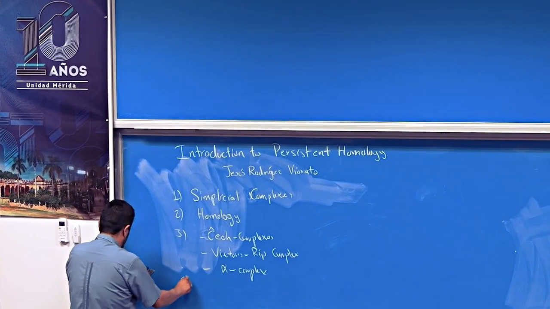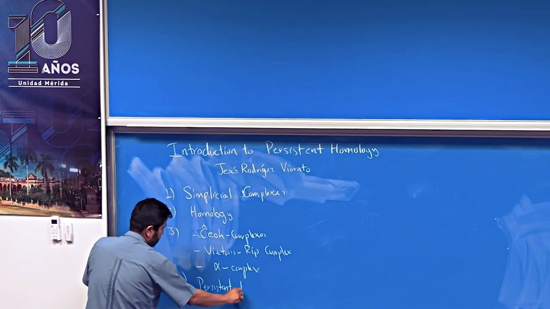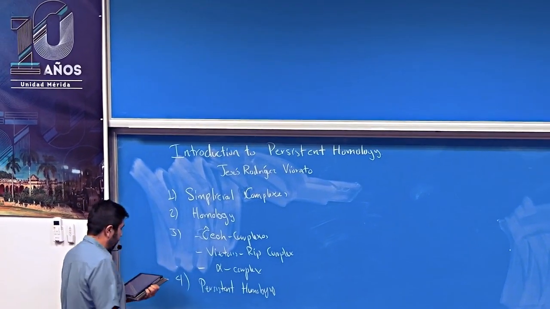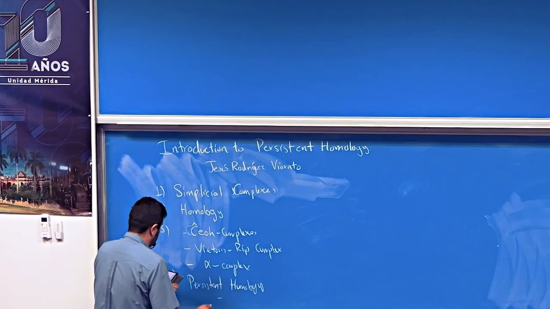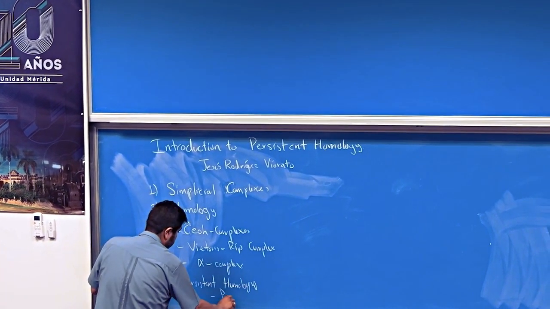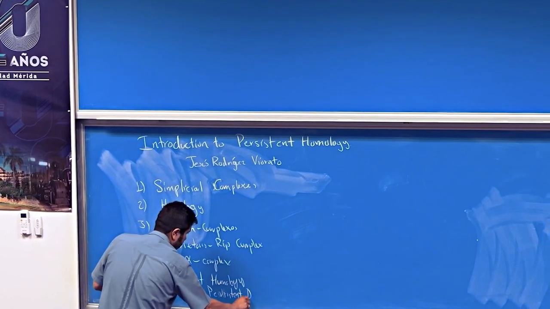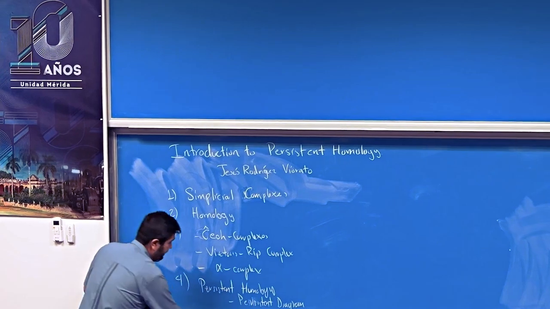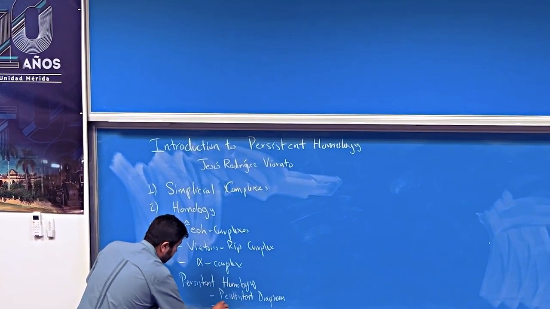After that, I'm going to move to persistent homology, where I'm going to cover what a persistence diagram is, and later we're going to show some properties like stability.